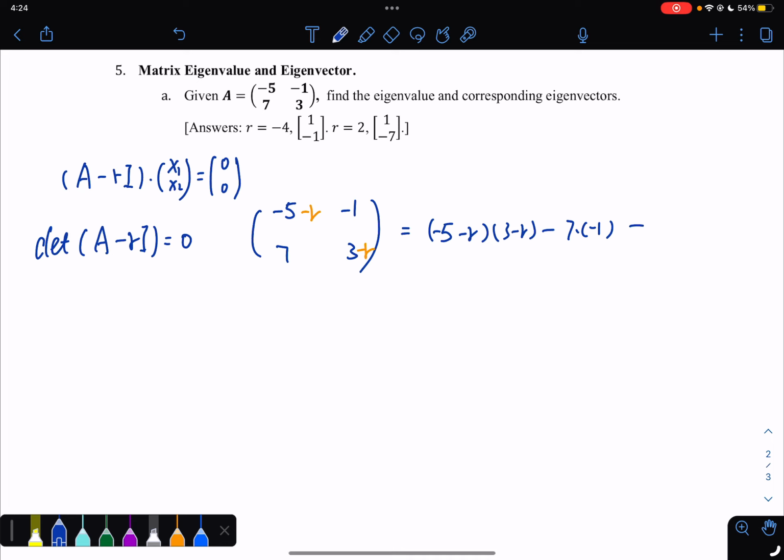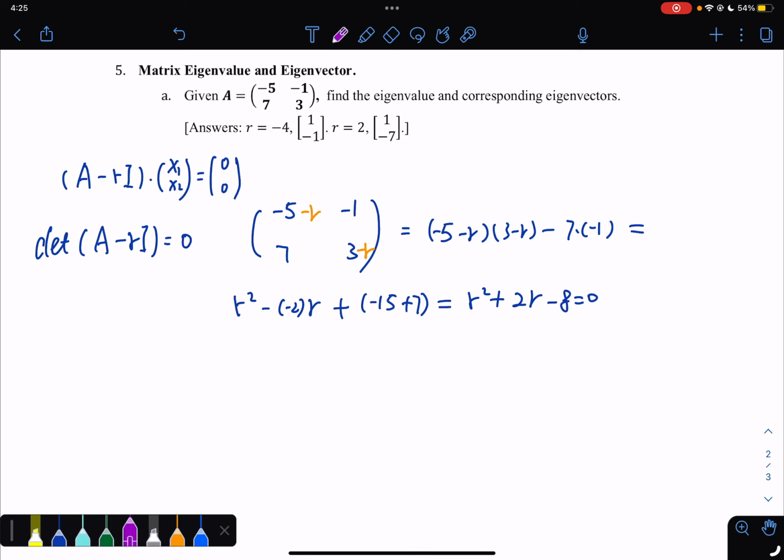If I carry out the calculation, it's R squared, and then -5 and 3 together is -2, so minus -2R, add 3 times -5, which is -15, minus 7 times -1, which is +7. So I have R squared plus 2R minus 8 being 0.